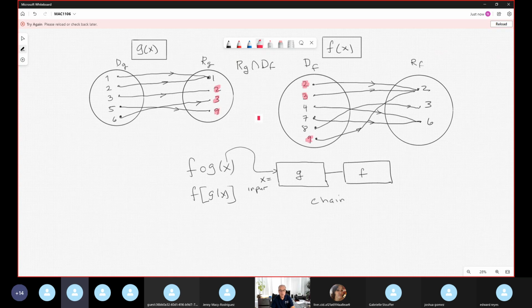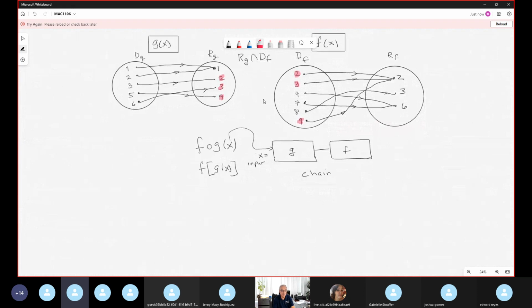But 1, no. And 4, 7, and 8, no. So to state the domain in the composition, this is the first set.